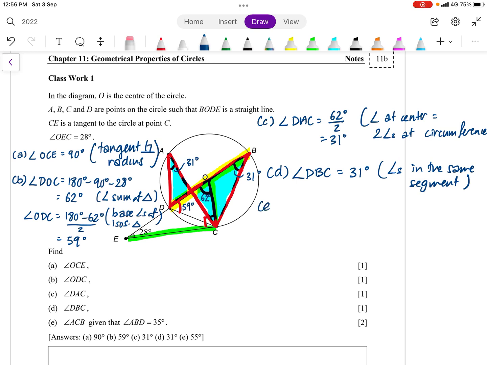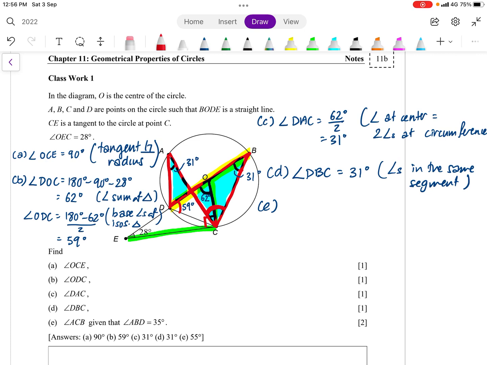Okay, now part E, the last one. If you read carefully, what they want is angle ACB. ACB. This angle over here. Okay, this angle ACB.